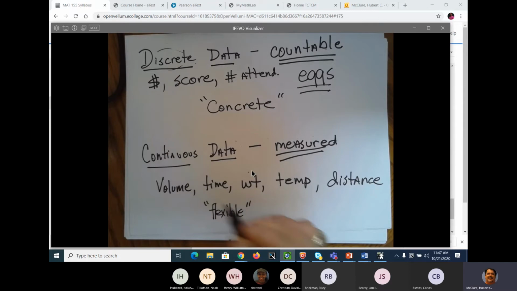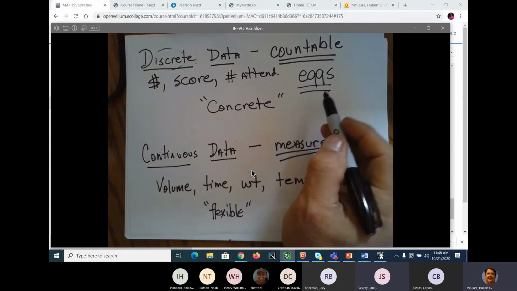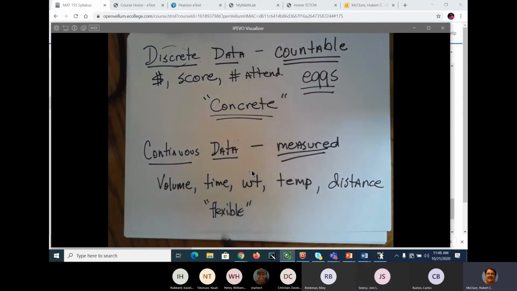Why? Let me give you another example. Why are the scales at the doctor's office always heavier than the scales in your bathroom? They lie. See? That's why you don't have concrete with scales.